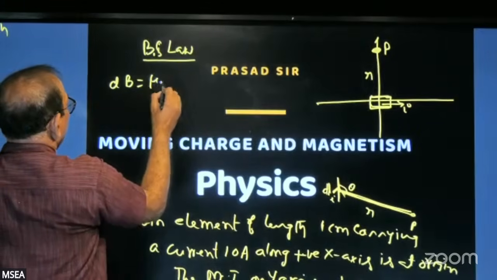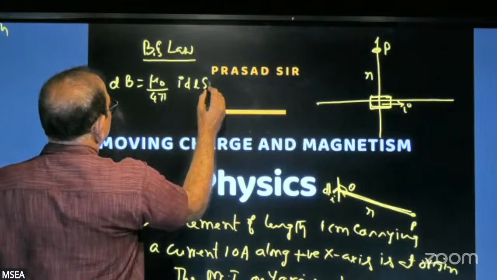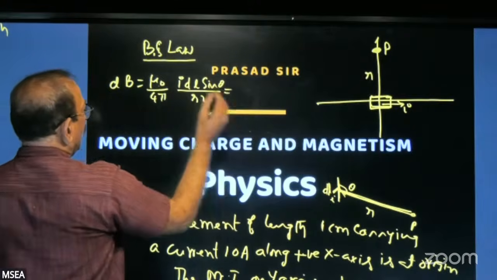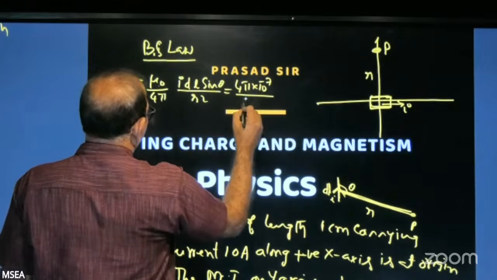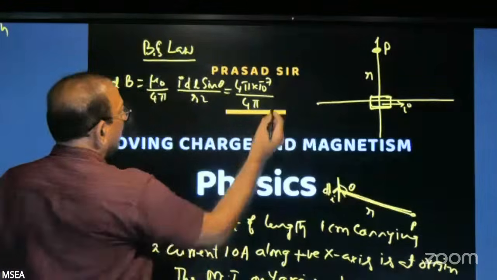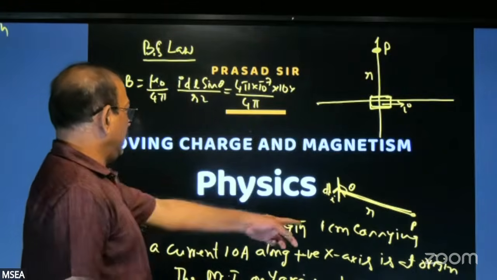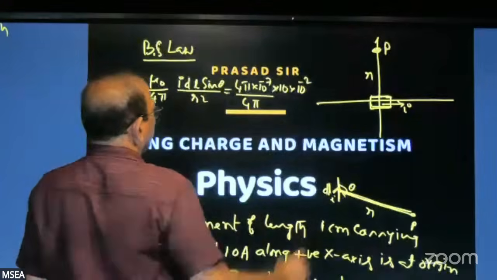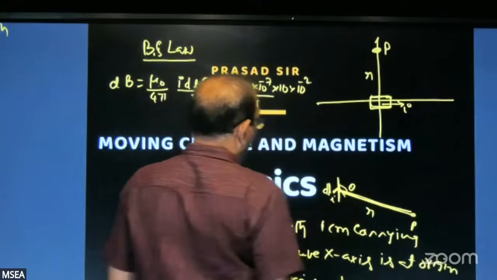dB equal to mu naught by 4 pi I dl sin theta by r square. If you apply, mu naught value 4 pi into 10 power minus 7 by 4 pi, current given as 10 ampere, so 10, and length of the element dl given as 1 centimeter, in meters 10 power minus 2, and sin theta.